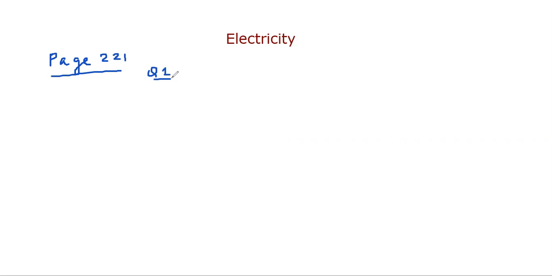A piece of wire of resistance R, this is a wire whose resistance is R, is cut into 5 equal parts. It is divided into 5 equal parts.